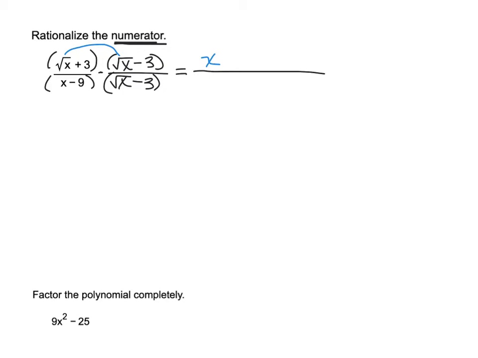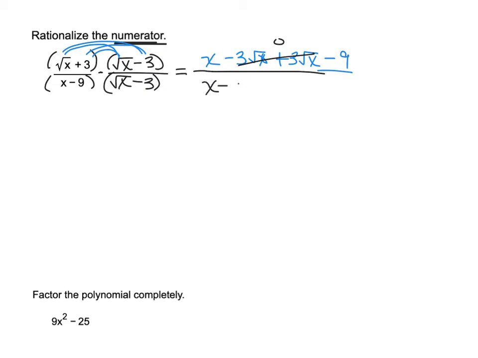We have the outer, it's 3 square root of x. We have the inner, which is minus 3 square root of x. See, those should cancel out to give you 0. And then finally, 3 times negative 3 is negative 9. All right, go back to black. Okay, so notice those give you 0, right?